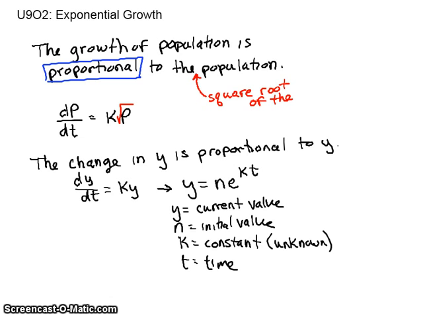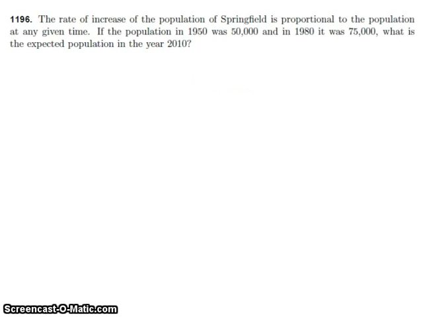So we'll look at one example of the type we have to solve. Most of these are going to turn out to be calculator questions because we have that e that we're trying to work around. So if we look at this problem here, it says the rate of increase of the population of Springfield is proportional to the population at any given time. So we know right away the change in population with respect to time is proportional to the population.